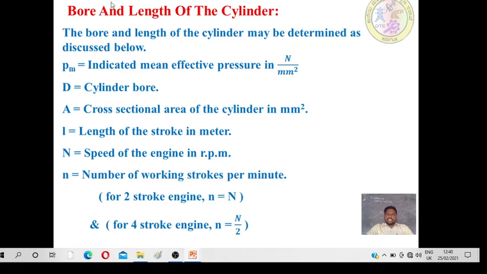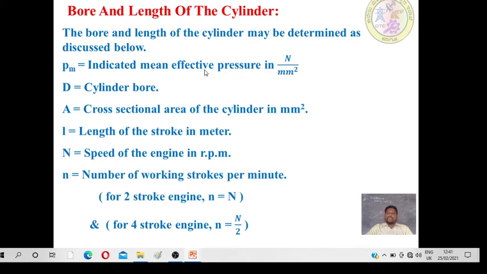Now to find the bore and length of the cylinder. Here Pm equal to indicated mean effective pressure, which is in Newton per mm square. So why are we considering mean effective pressure? In the engine cylinder, the pressure keeps varying during the stroke. If you consider a compression stroke, when the piston moves from BDC to TDC, the pressure keeps increasing.